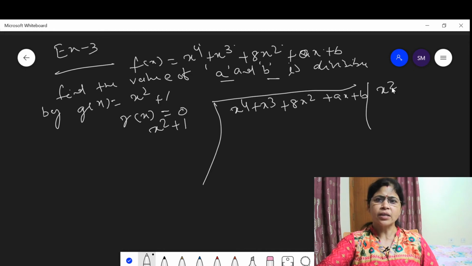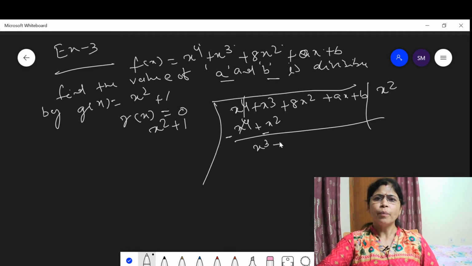This is x square, x fourth plus x square, then minus, this is x cube plus 7x square, because 8x square minus x square is 7x square, plus ax plus b.